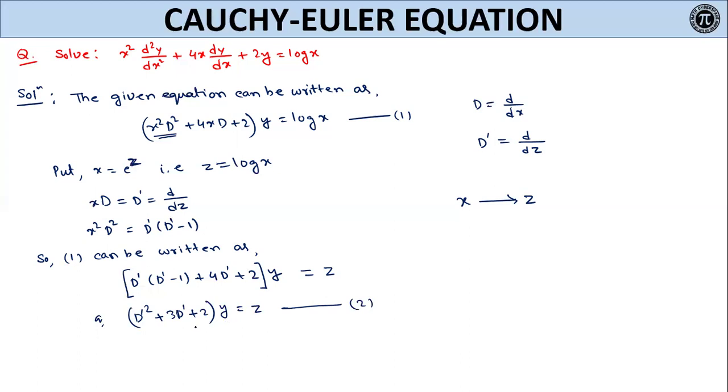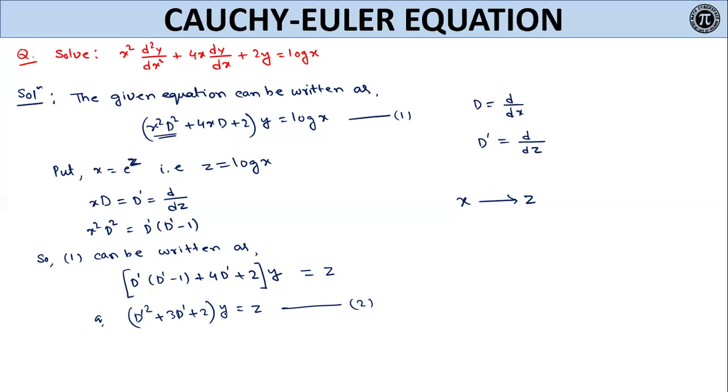Now easily you can solve this equation using the complementary function and particular integral concept. So (D dash square plus 3D dash plus 2) into y equals z. Now what will be the auxiliary equation? Directly write the auxiliary equation, or you can write the trial solution also.